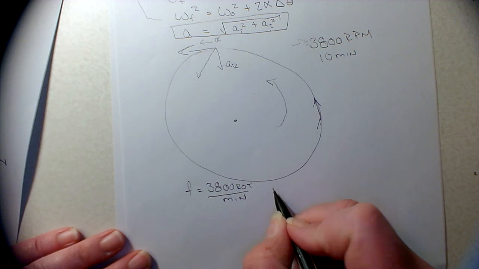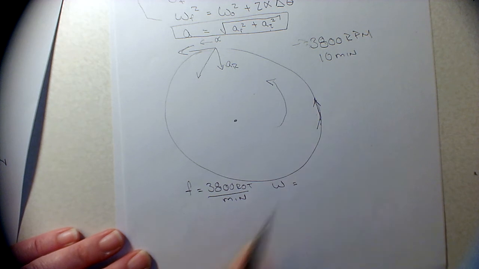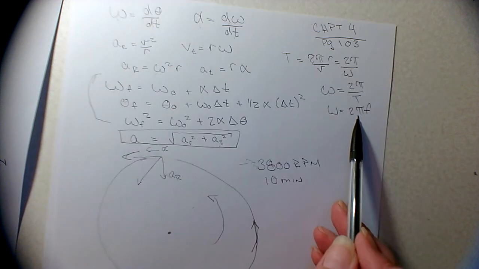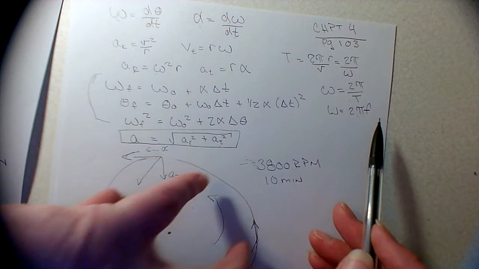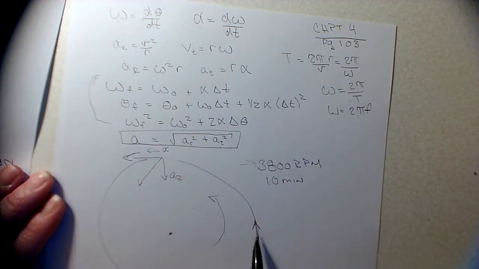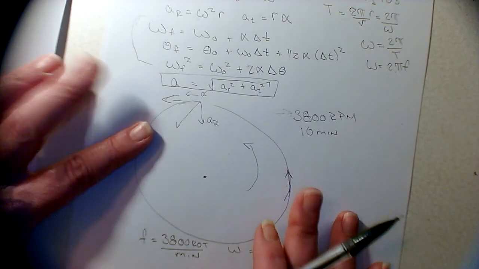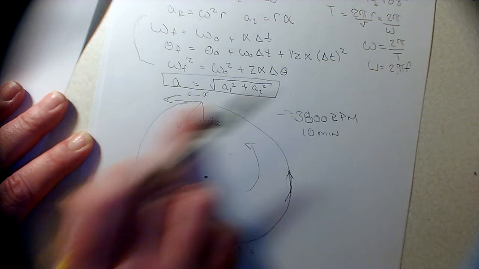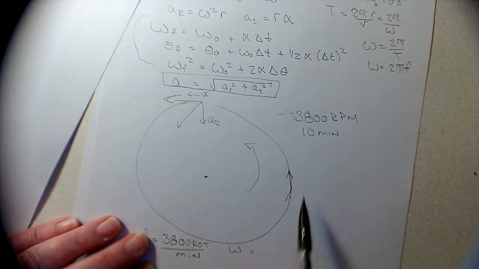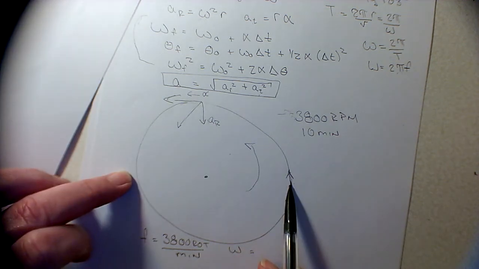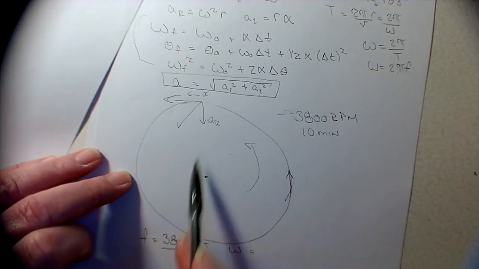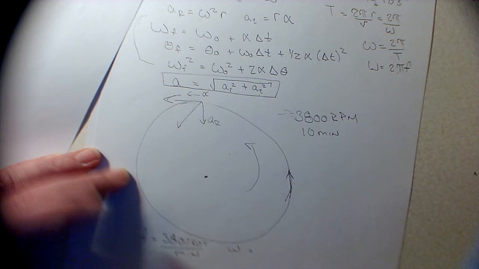And I know that omega relates to that just in terms of 2 pi. So let's think about that. If I go all the way around this circle that is a perfect circle, and don't challenge me on that, well, the way we measure that is in terms of 2 pi. So I've gone 2 pi radians all the way around.